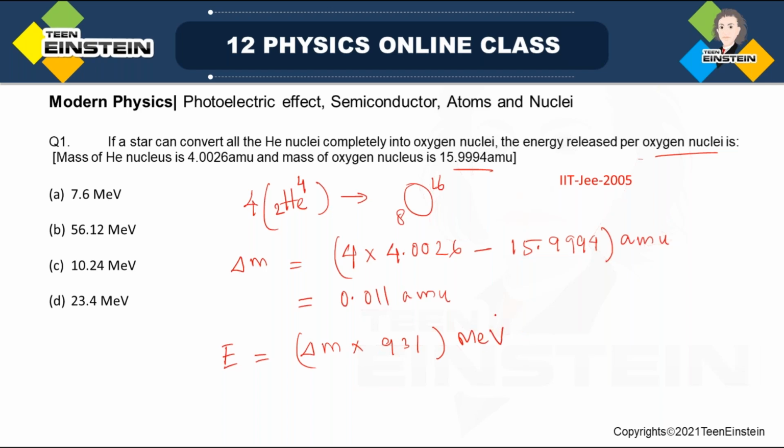If we multiply 931 with this mass defect, what we get is 10.24 MeV. So this is the energy released in this nuclear reaction.